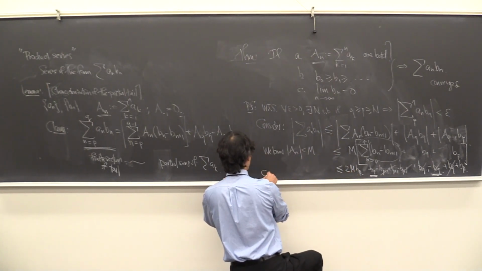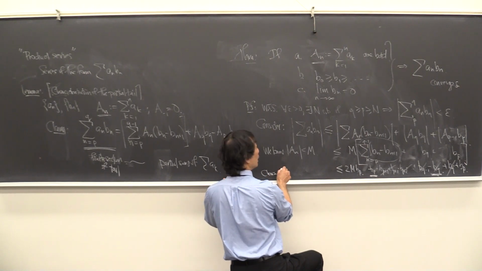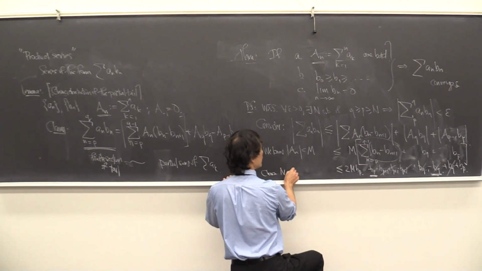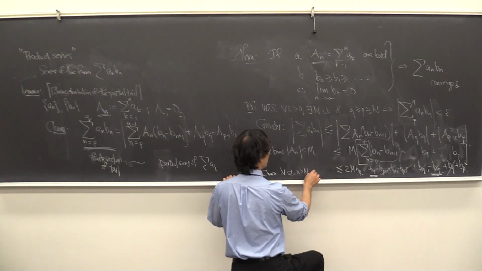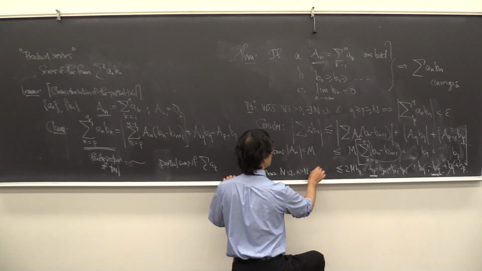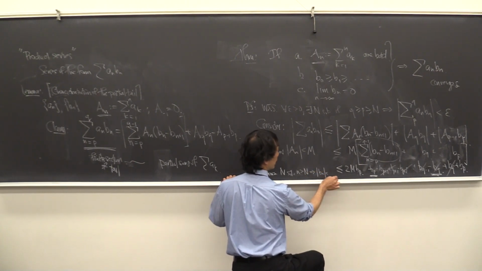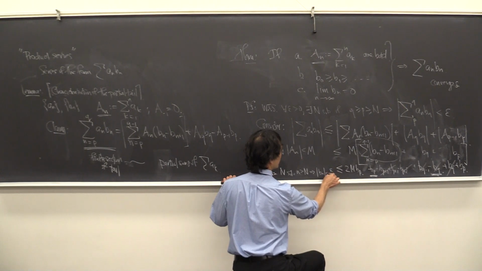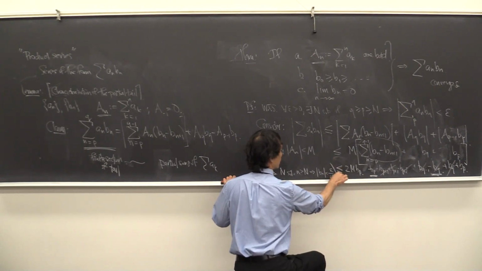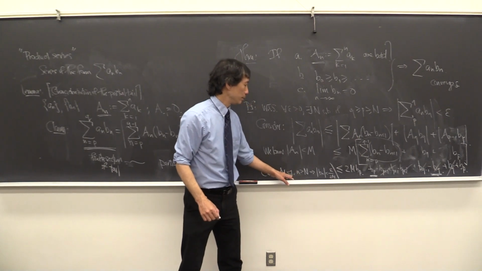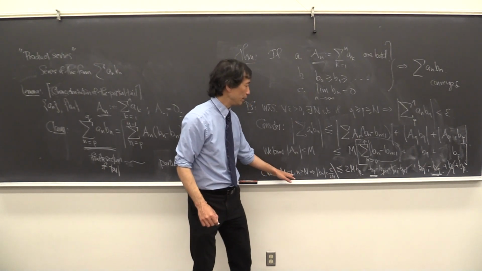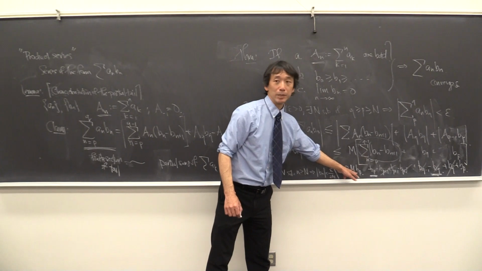So choose n such that n bigger than N implies that the size of b_n is smaller than epsilon over 2M. Once you choose that N, then this thing is going to be smaller than epsilon.